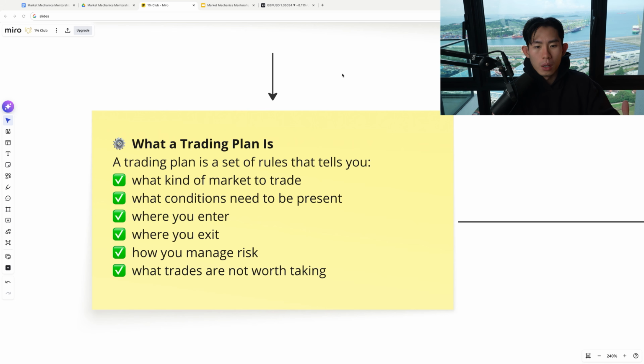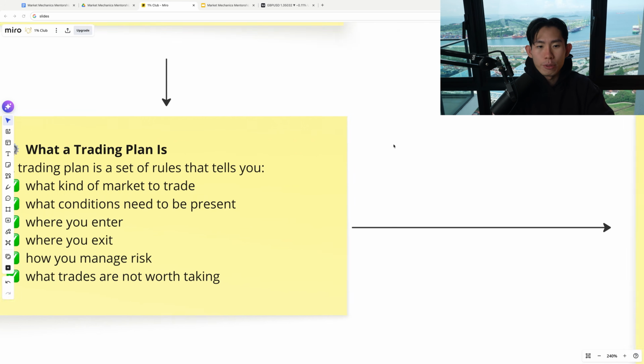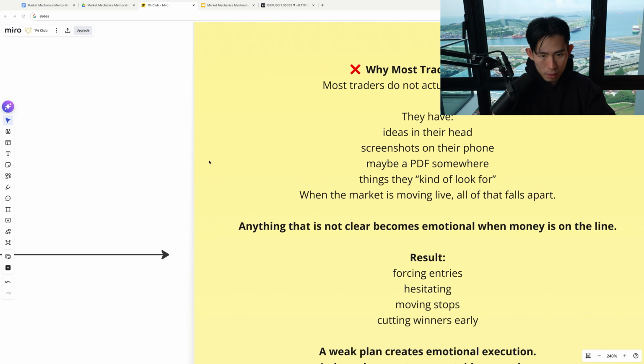So yeah, keep things simple. That's just my philosophy. I fundamentally believe that simplicity is the highest form of intellect. All right, that's it. A good trading plan is not impressive because it sounds advanced. A good trading plan is impressive because it is clear enough to execute consistently.